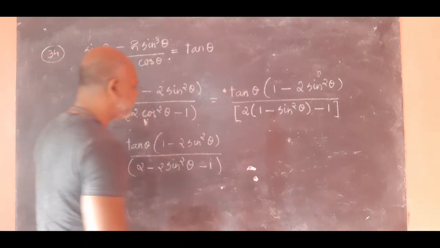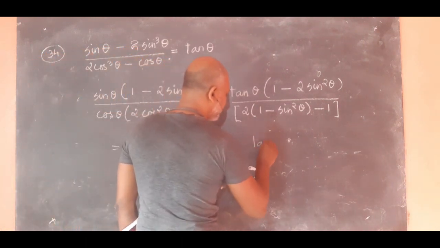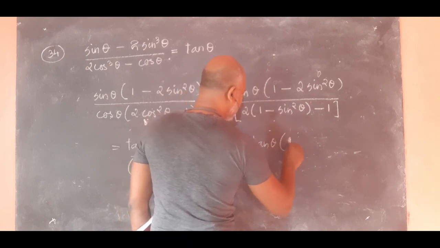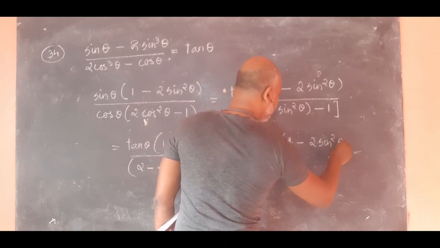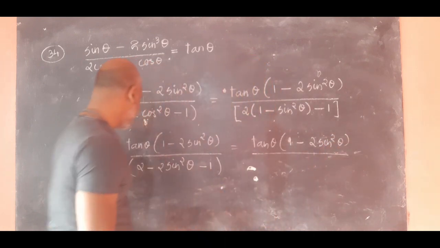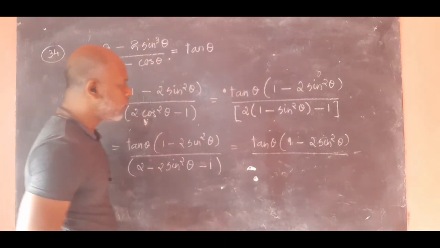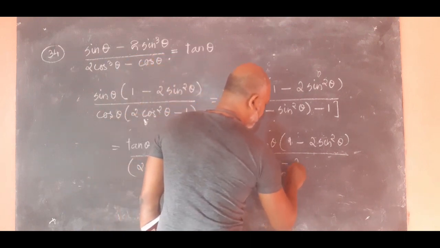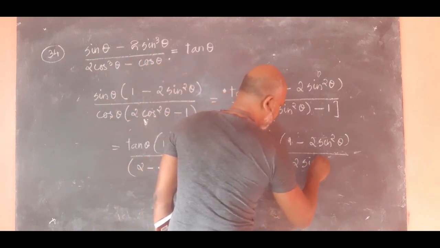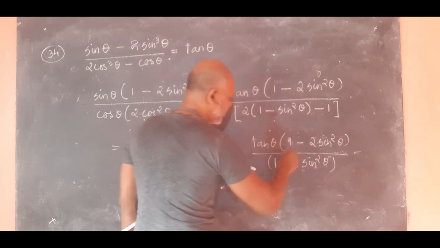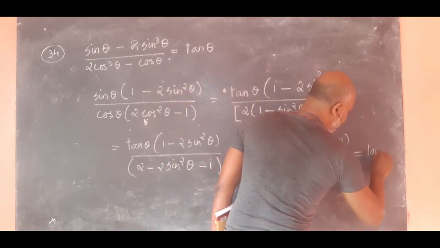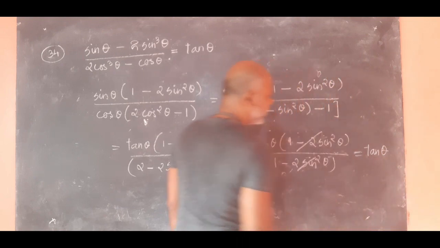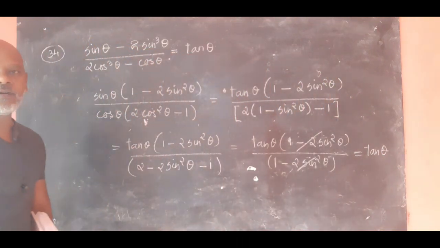Here 2 minus 1 is 1, so we get 1 minus 2 sin square theta. These two will cancel out and our result is tan theta. So we proved LHS is equal to RHS.